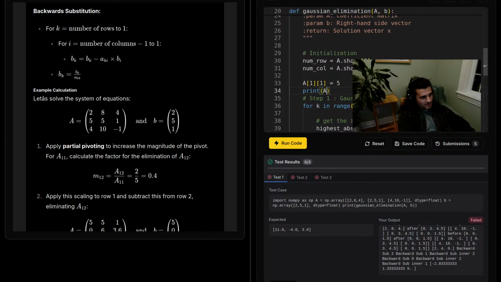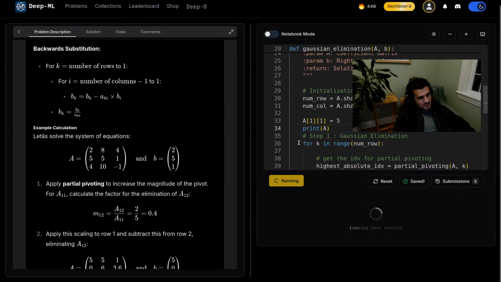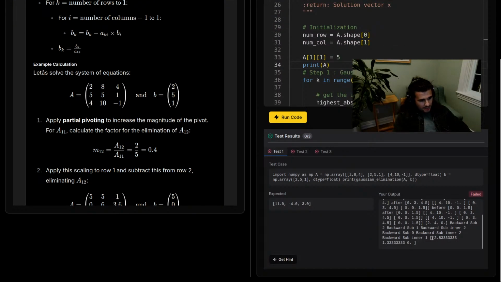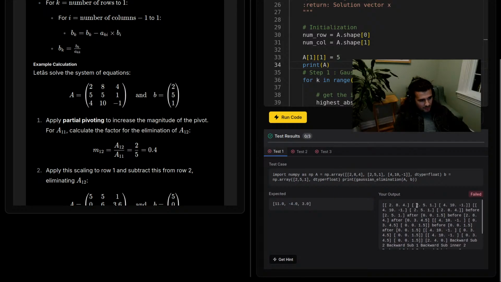Print a. This should give me the same thing, so I could just walk through it to see if I'm being dumb. Okay, cool. No, it didn't change anything.